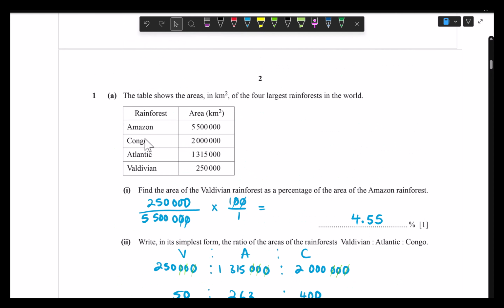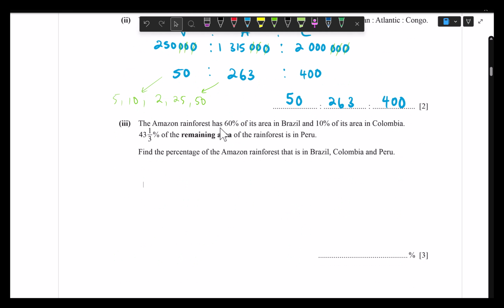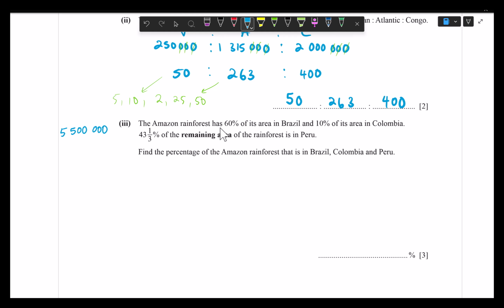From the table above, the Amazon rainforest has got an area of 5,500,000 square kilometers. So we are going to be using that value. Let's just put it aside, 5,500,000. So now we're told that 60% of it, that's 60 over 100 times 5,500,000 or over 1, that's the one that is in Brazil.